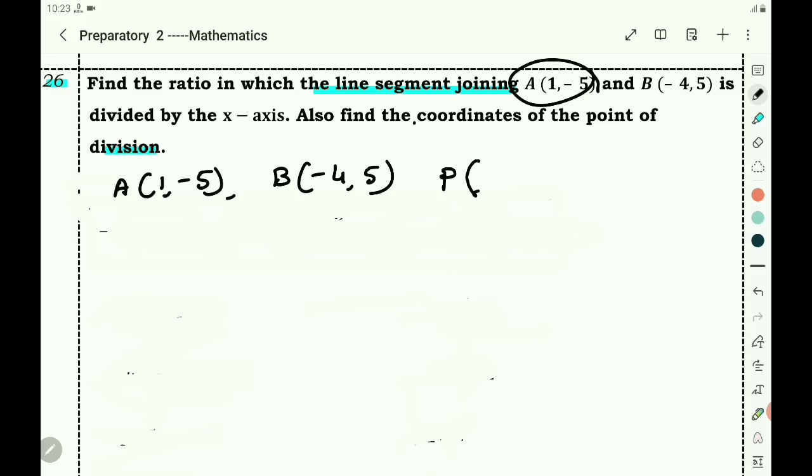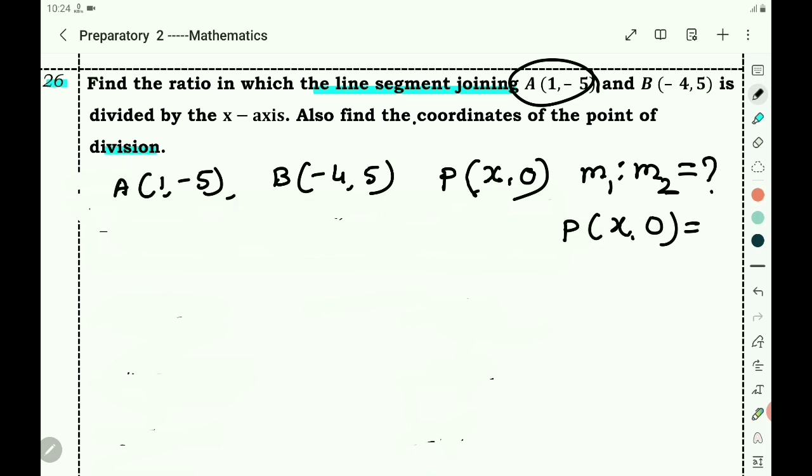As it is divided by the x-axis, the coordinates of the point on the x-axis are in the form (x, 0). Then what we have to find out? m1 is to m2 equals question mark, and also we have to find out P of x0 equals question mark.